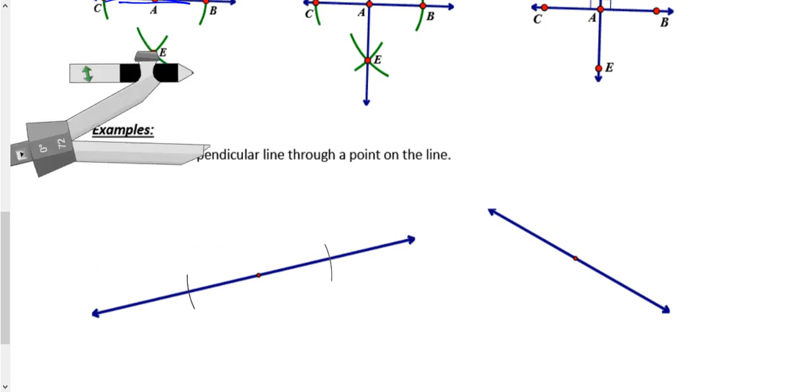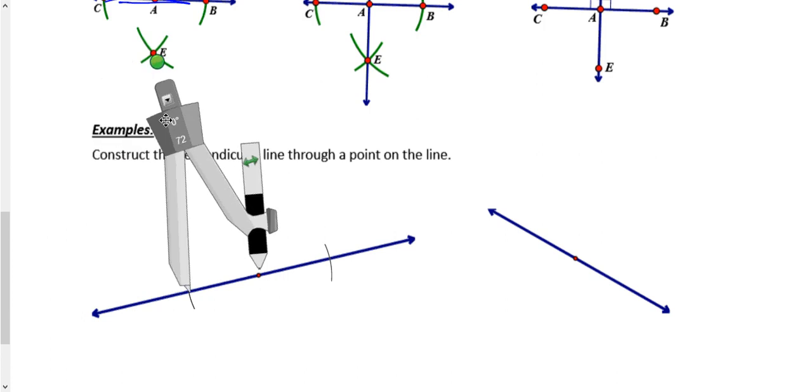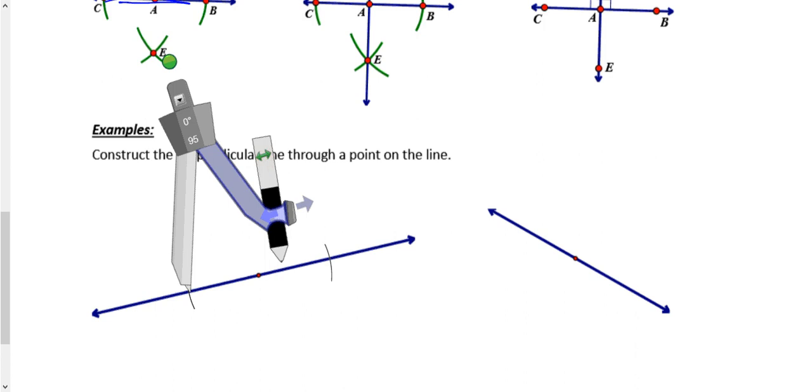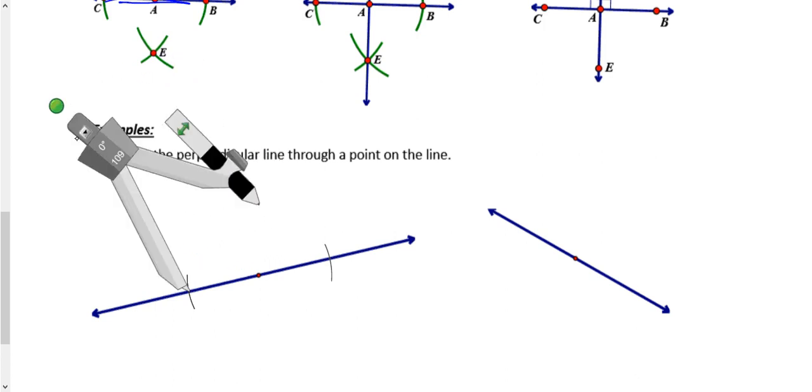Now, I'm just going to do the same thing we've been doing and make a perpendicular bisector of just this segment I have here, all right? But be careful. One mistake that could be made here is you leave your compass right here like this. You don't want to do that. Remember, now you have to open it up well past halfway, right? Okay? You come here, just a little mark there.